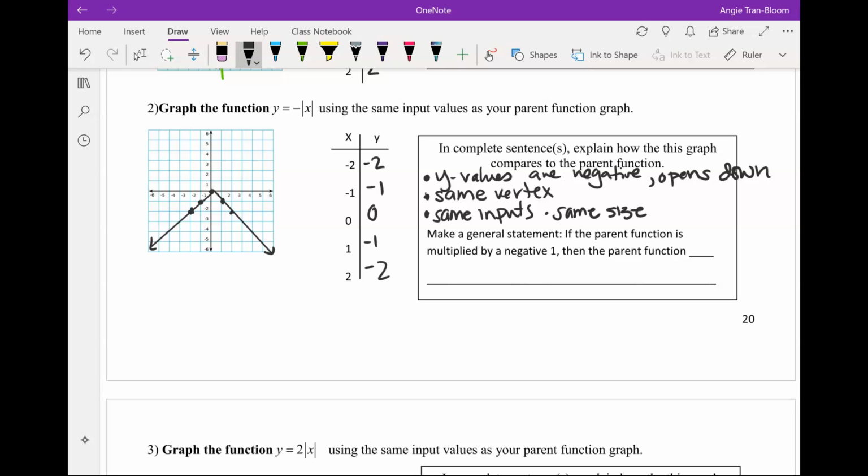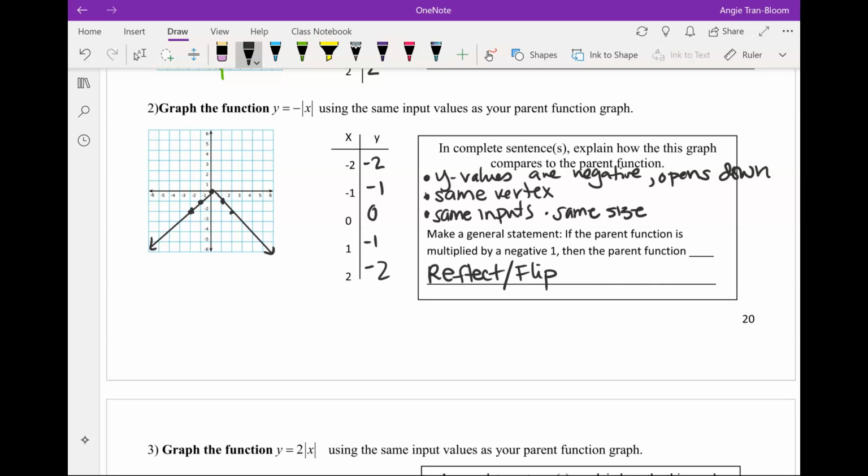Okay. So in general, make a statement. If the parent function is multiplied by a -1, the only difference is the outputs and the opening of it, right? It opens down. So formally, when it opens downward, we call it reflect. Some of you call it flip.